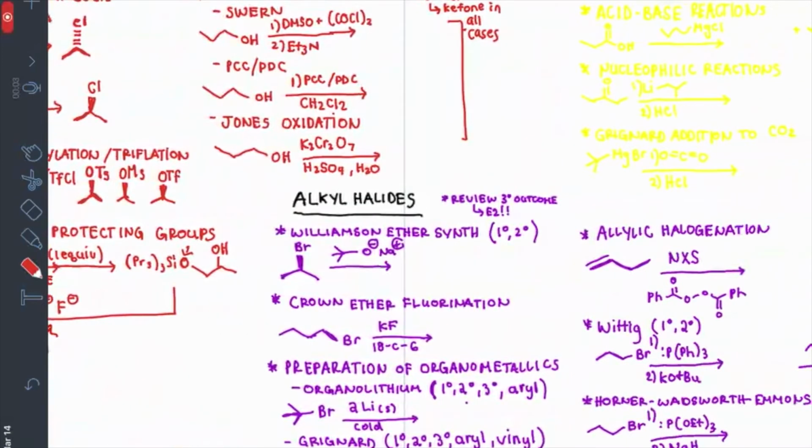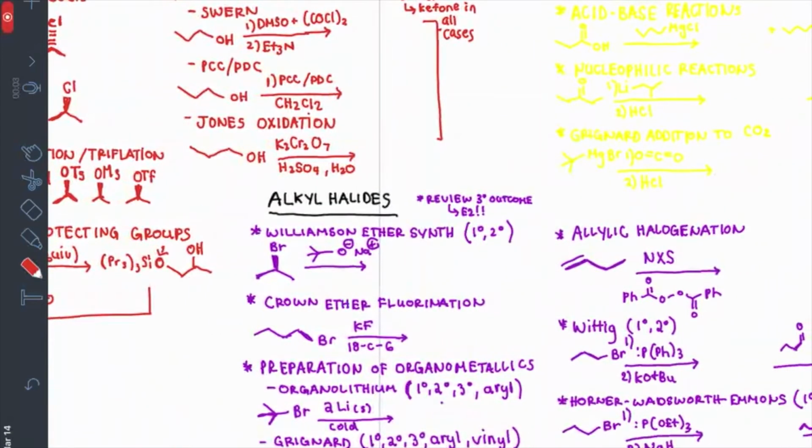Next, we have alcohol oxidations, okay? And so with alcohol oxidations, we are essentially going from alcohol to a carbonyl. So with primary alcohols, we get aldehydes for PCC and PDC and Swern.